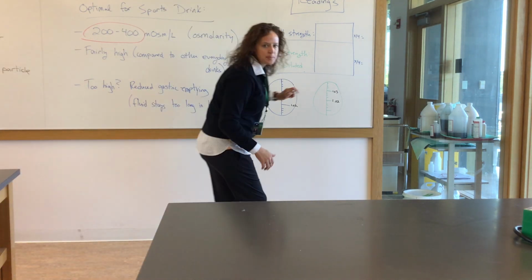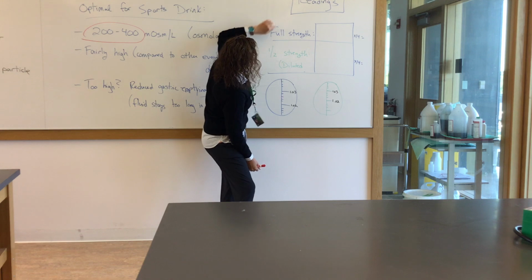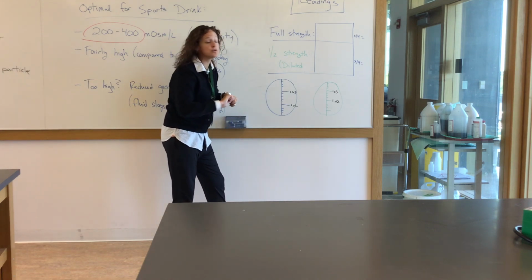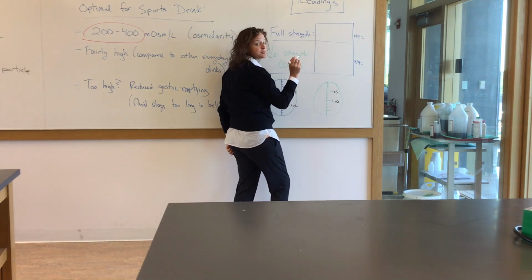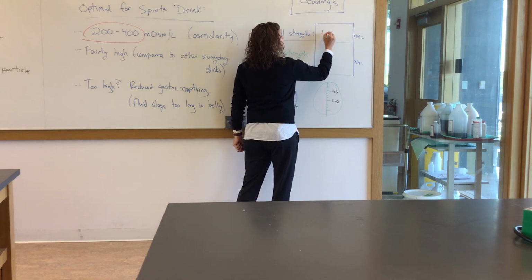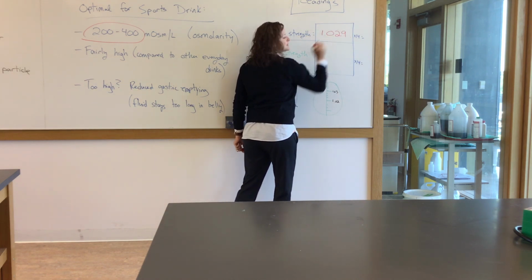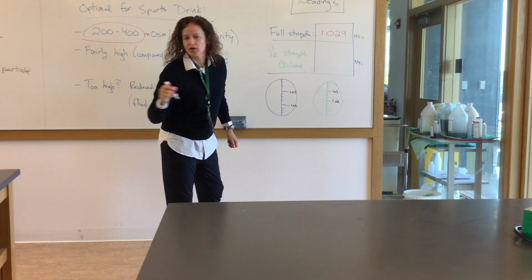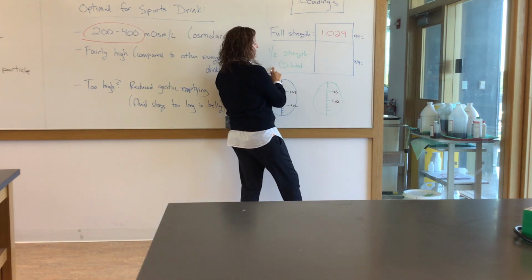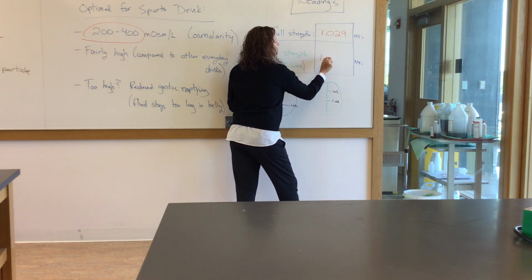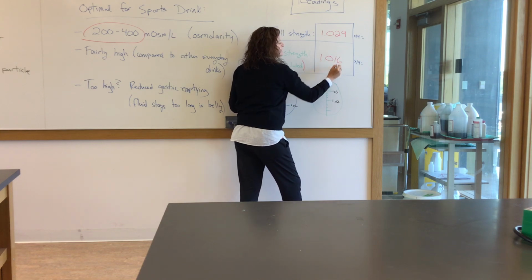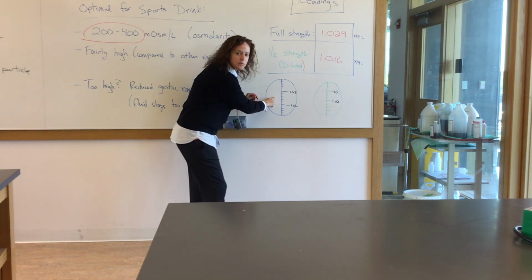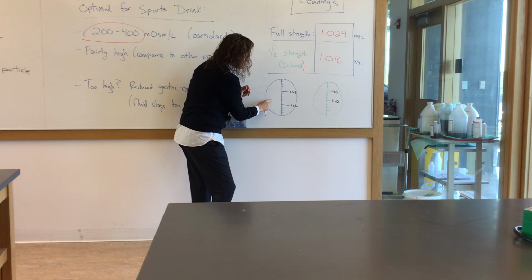I know the top is kind of cut off a little bit, but our full strength reading is 1.029. Check my results over there. The reading for the half strength is 1.016. When I looked on the refractometer, this is what I saw.